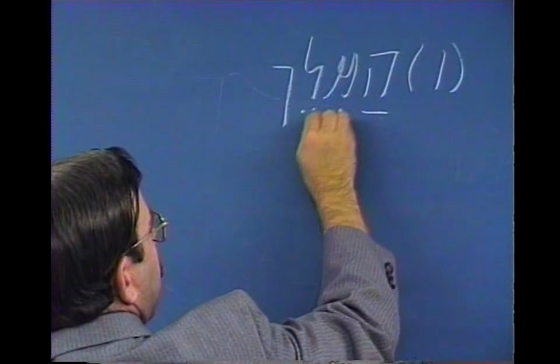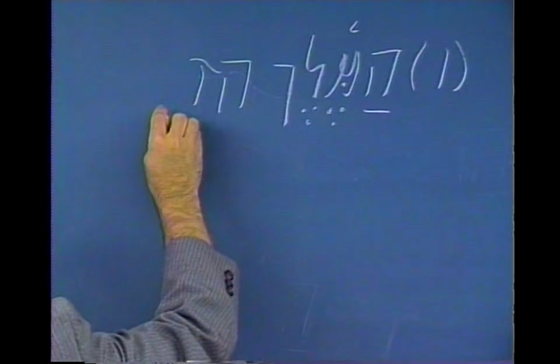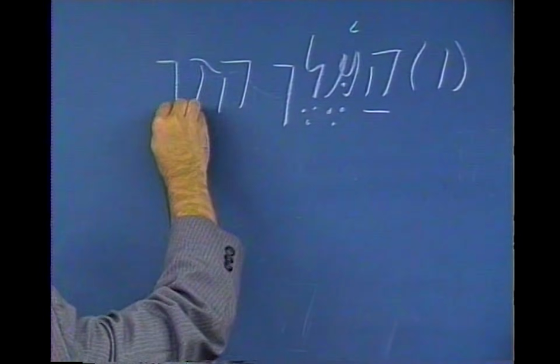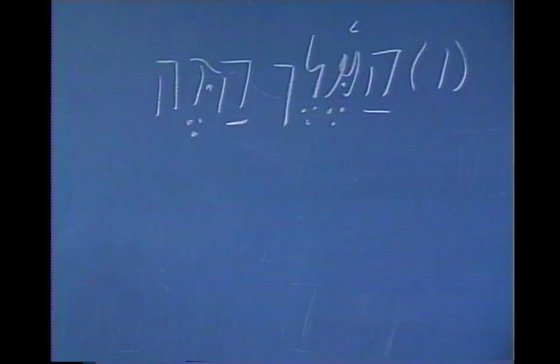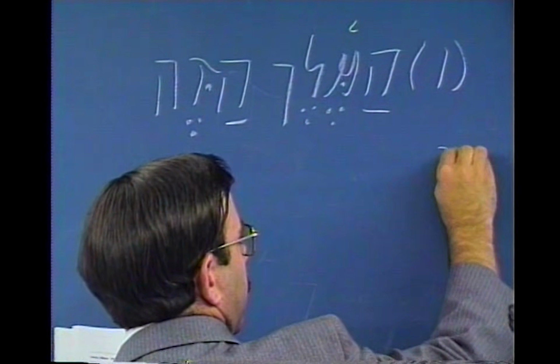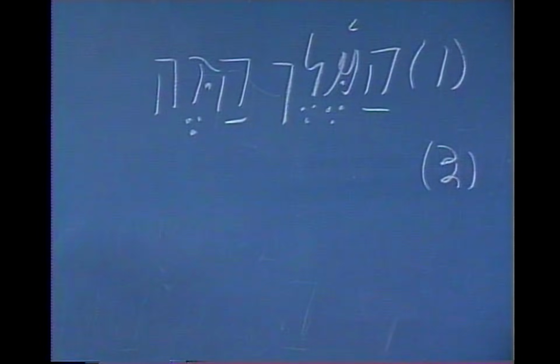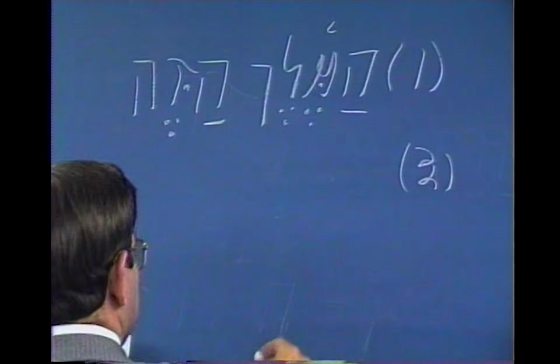Ha-melech. Ha-zeh, that would be masculine. All right, so that would be the answer to number 1. All right, and number 3, we're wanting to translate this woman.